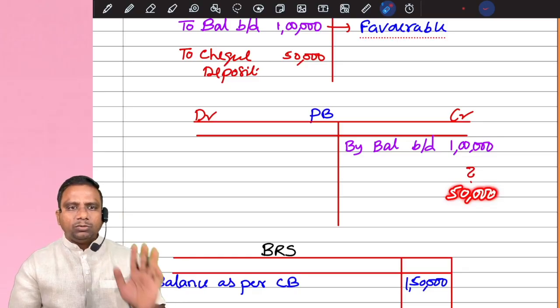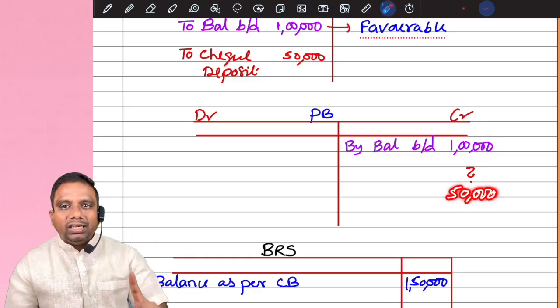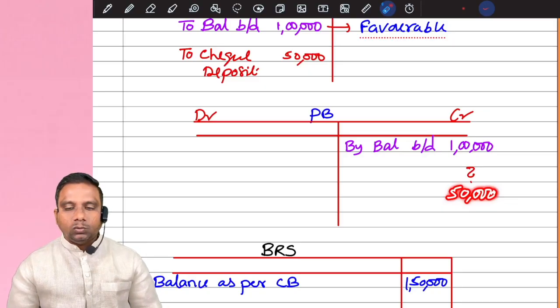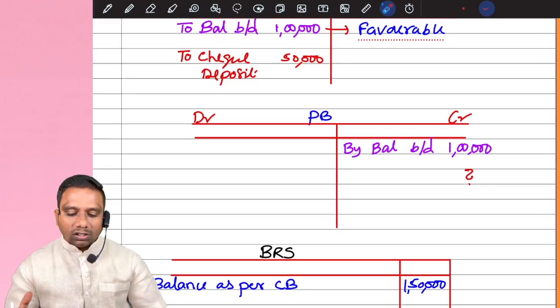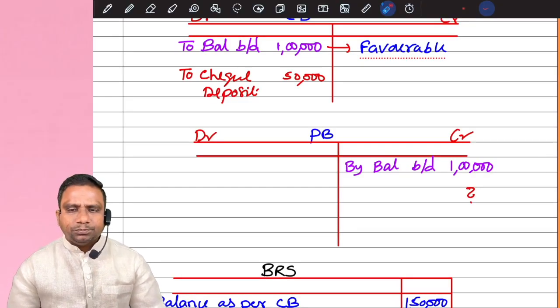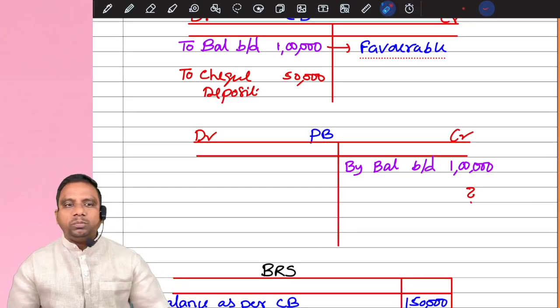This concept we know now. Only when it has collected the check is it recorded by the banker. But here the bank did not collect the check till the BRS preparation date.